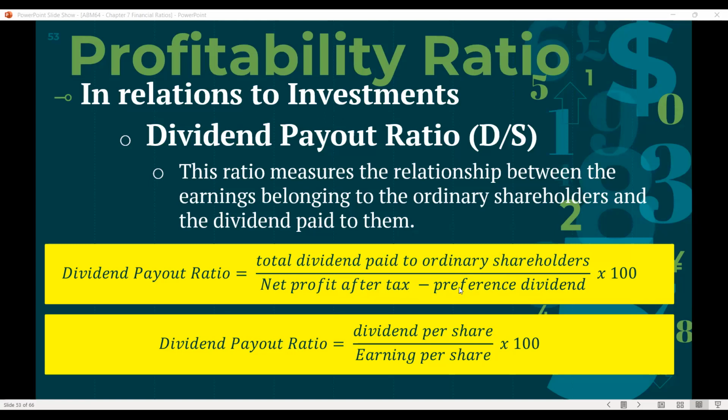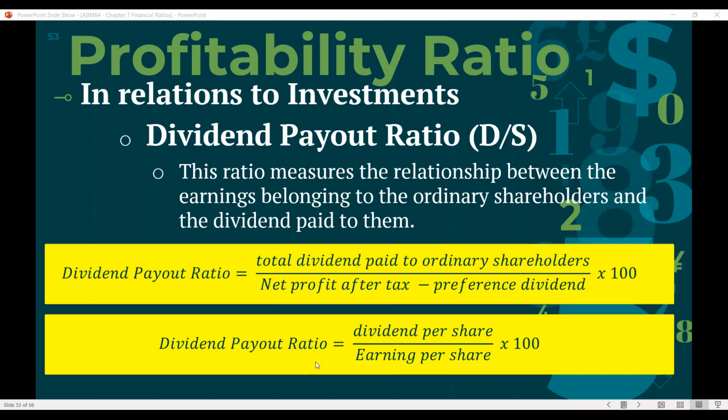So how much they directly get, based on the dividend and earnings, and their share too. So the total dividend paid to the shareholders is divided by the net profit after tax less the preference dividend, multiplied by 100. So this is its formula.